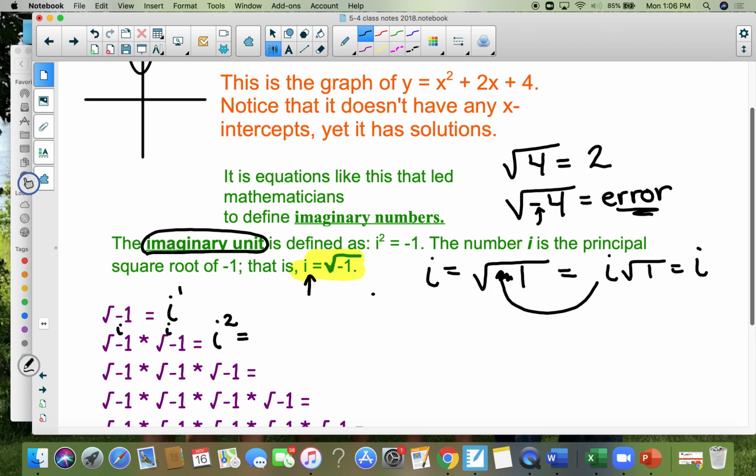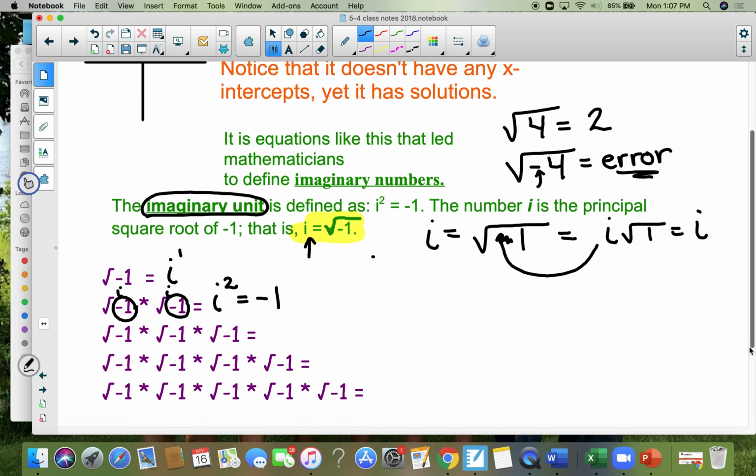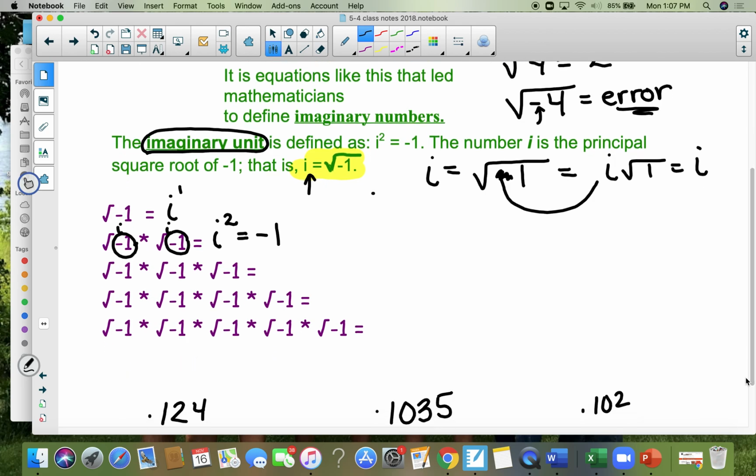And i to the second, for every two things you have underneath, you can take one out. So i to the first is the square root of a negative 1, and i to the second is equal to a negative 1. I'm going to keep going, and this is going to get kind of confusing, but you have to watch carefully. The square root of a negative 1 times the square root of a negative 1 times the square root of negative 1 is the same thing as i to the third power.